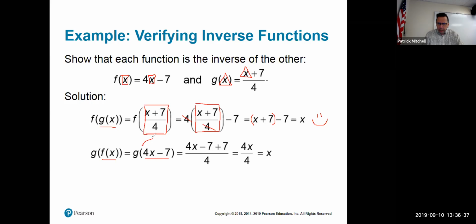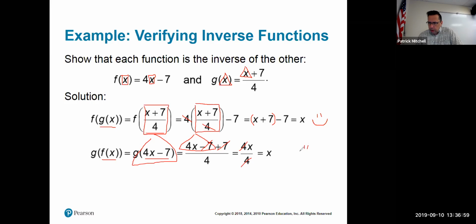All right, put a, that doesn't really look like a triangle. Okay, put a 4x minus 7 inside the triangle. So I'm going to add 7 to that and then divide by 4. So of course the minus 7 plus 7 cancels. That leaves me with 4x over 4, which is x.